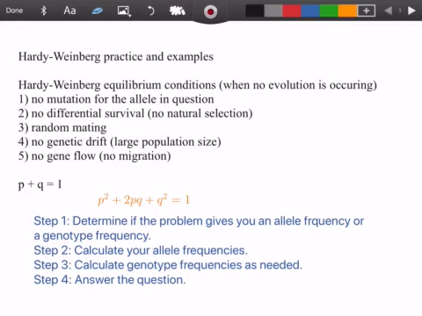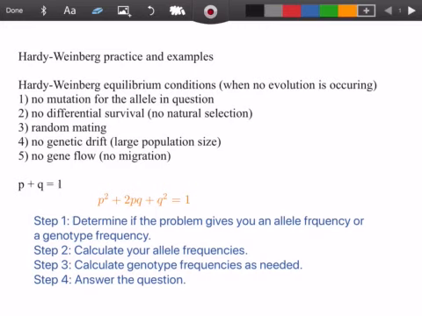We also assume that there's random mating, meaning that individuals are selecting from a large population of mates and not choosing that specific version of the allele in their mate. We assume that there's no genetic drift. This means no chance fluctuations in allele frequencies from one generation to the other. This is also called large population size.